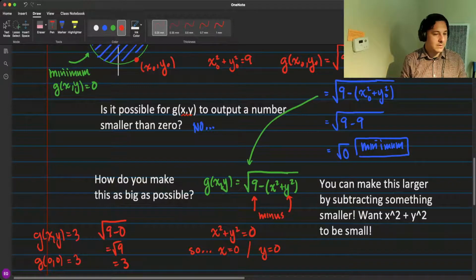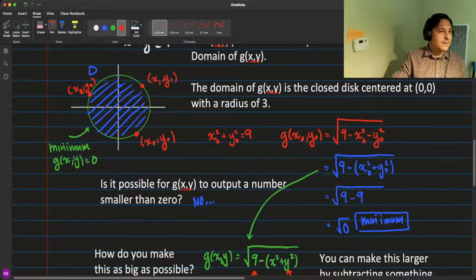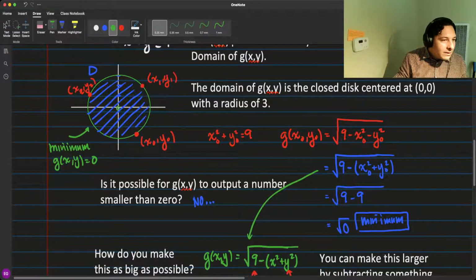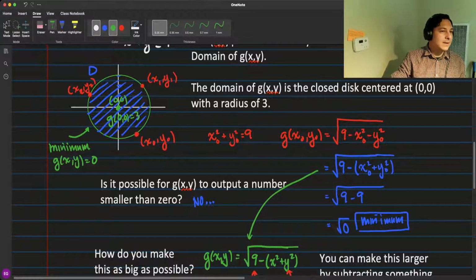That is my maximum. Okay, so what this tells you, you have your maximum right here at 0, 0, and g of 0, 0 equals 3.